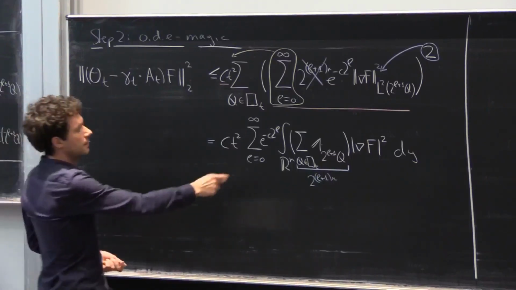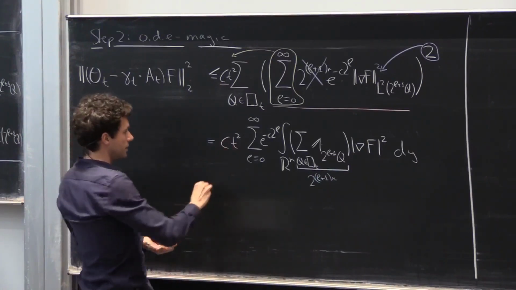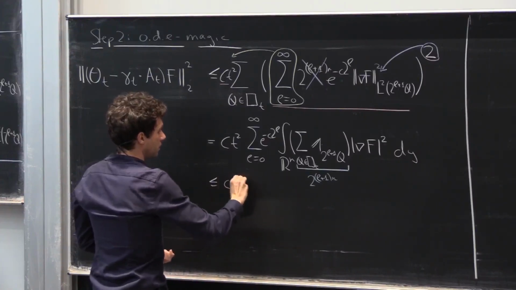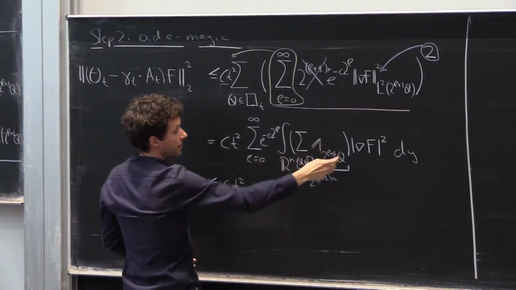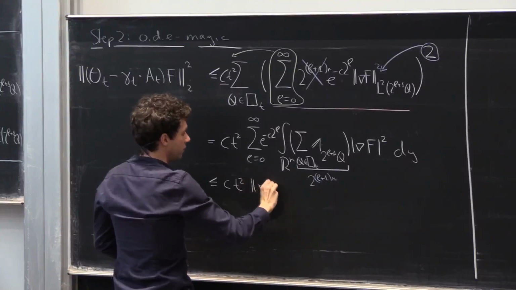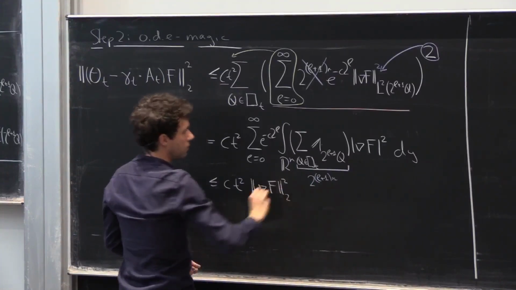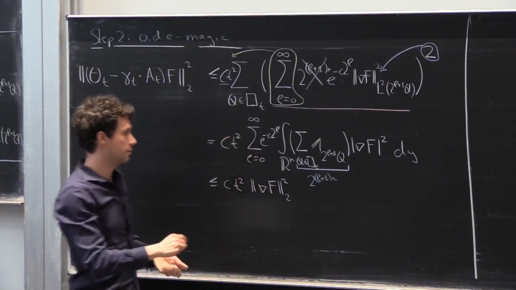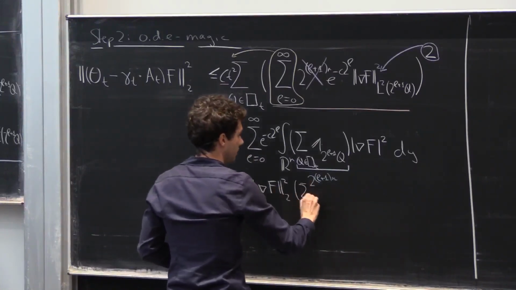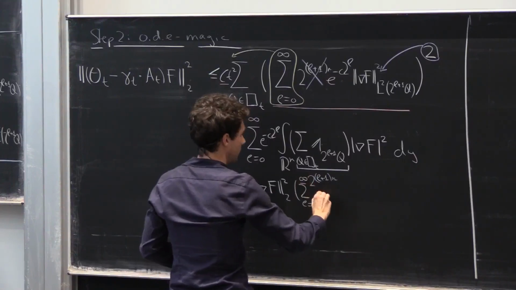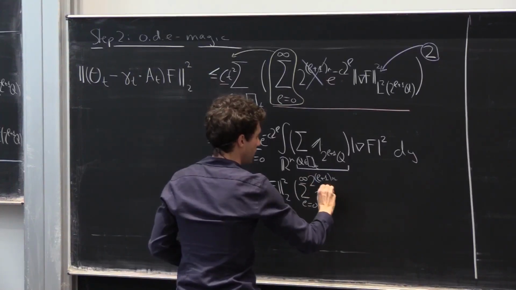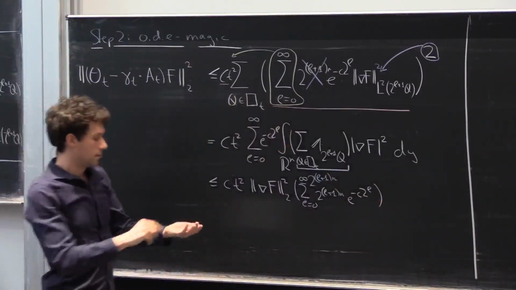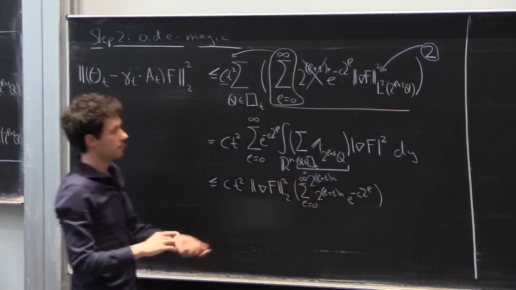This is just 2 to the L plus 1 n by stupid combinatorics. And then you get c times t squared times, well, f is measured in L2 norm globally now. And the garbage summation L equals 0 to infinity is going to be the sum in L of 2 to the L plus 1 times n e to the minus c 2 to the L. Well, this is just a numerical constant, right?